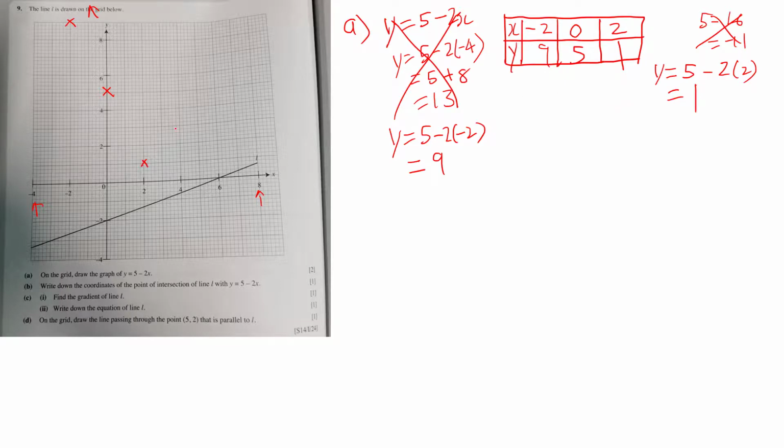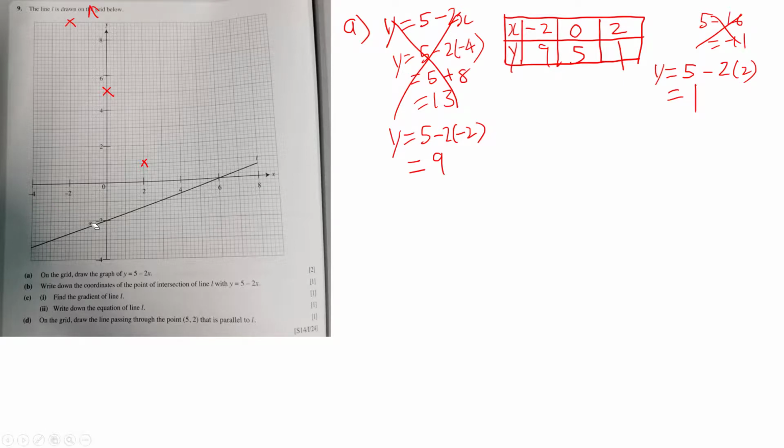Take a ruler and draw a line. And it will be good if it cuts the line that they already gave to you. So make sure that your line, even though the points are up here, cuts this line. So let me just erase away this one, also not important.